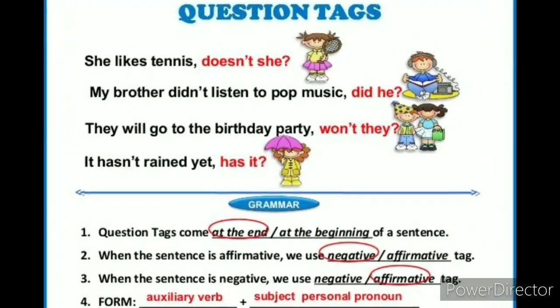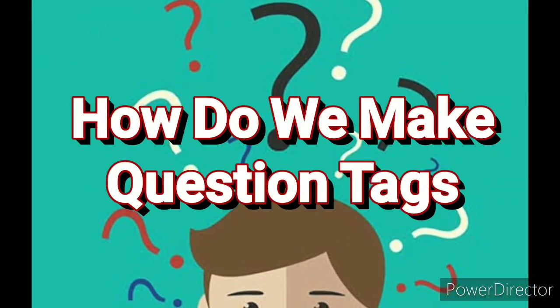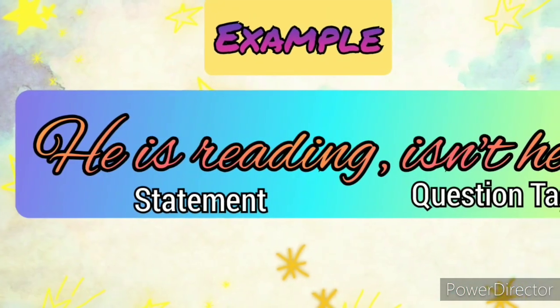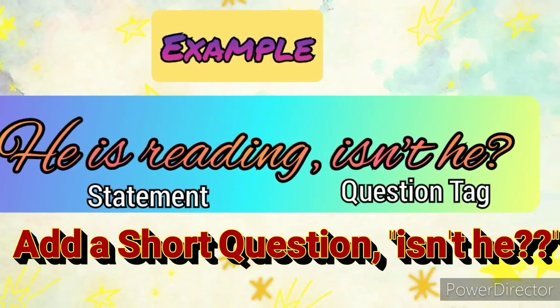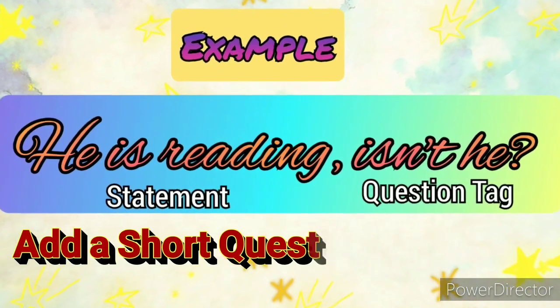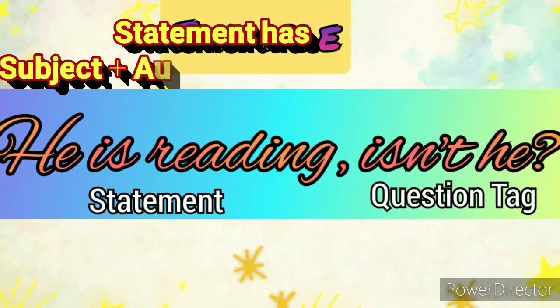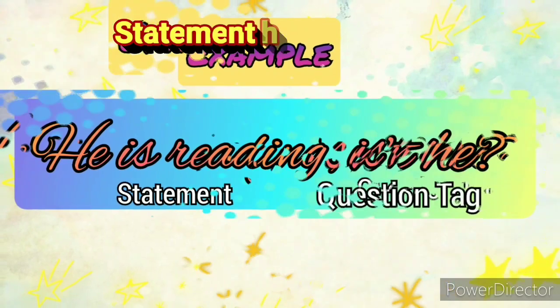Now there are different types of question tags, but the rules are almost similar for each type. But before that, let us first see how we make question tags. First of all, let us take a statement. Suppose he is reading. Then add a short question to it. Isn't he? So if you see in our statement, we have a subject, an auxiliary verb, and a main verb.